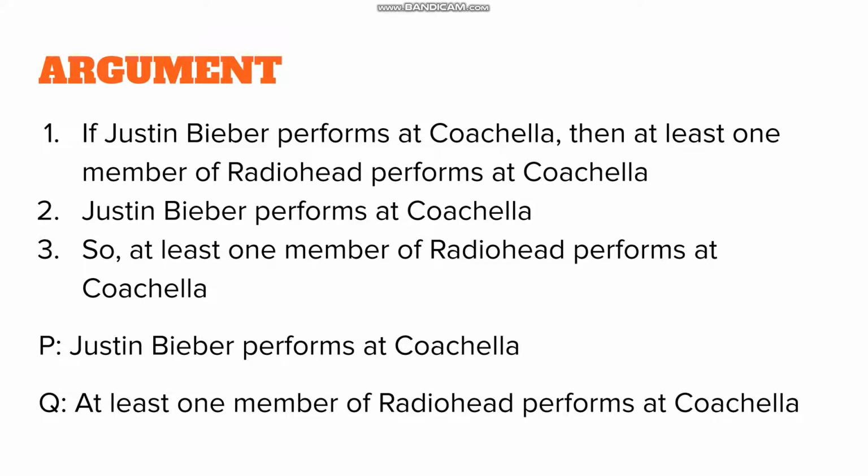For instance, if the premises are true, then the conclusion has to be true as well. However, in this case, this argument is valid but not sound, because one of its premises is false. For instance, premise 1 is false because Justin Bieber is not a member of Radiohead. So if Justin Bieber performs at Coachella, that doesn't mean that at least one member of Radiohead performs at Coachella.